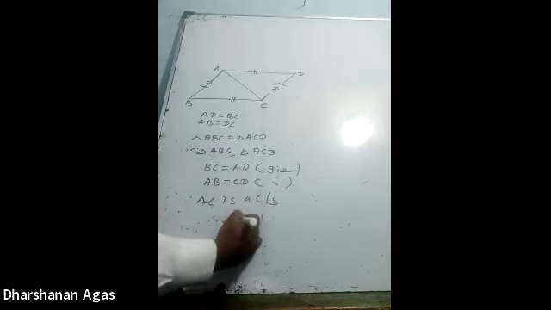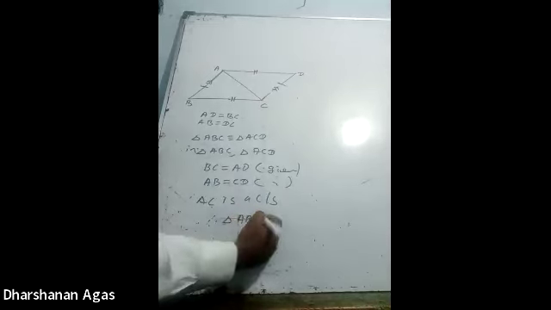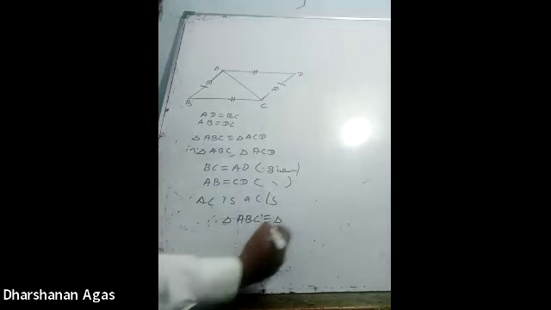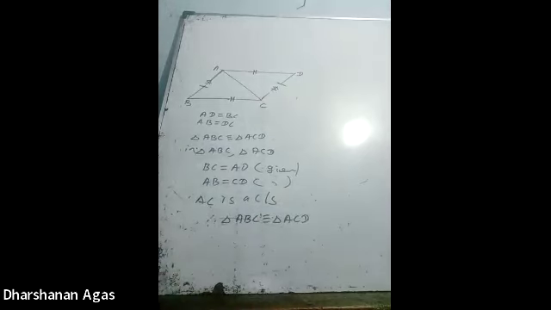Therefore, triangle ABC is congruent to triangle ACD. Only that much, students. What is the case?